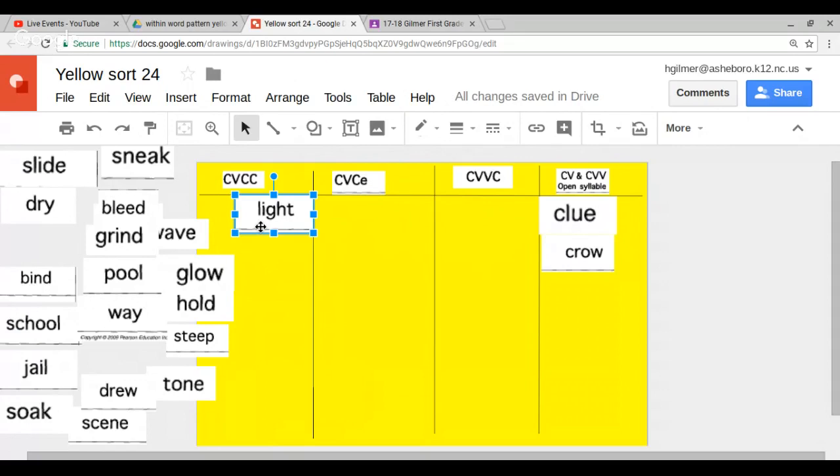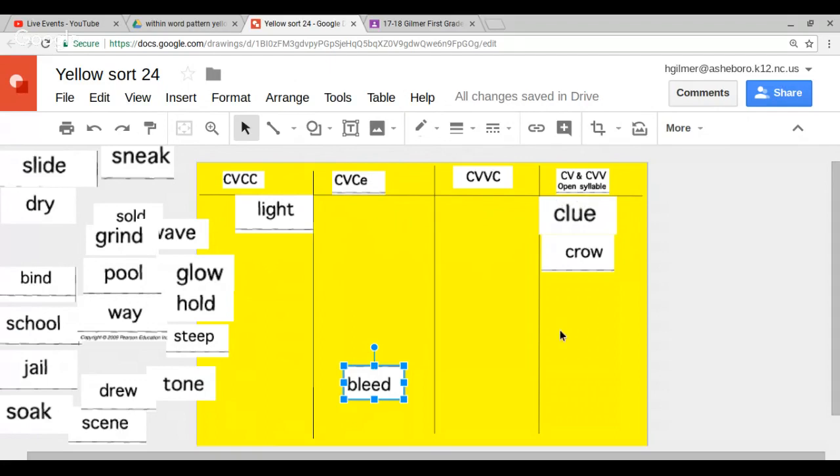Okay. Then let's try another one. Let's try this one. Where's bleed? Bleed. Let's check it and see if it's open or closed. Bleed. Yeah, I can't keep singing that one. Absolutely 100% closed syllable word. There's a consonant at the end.